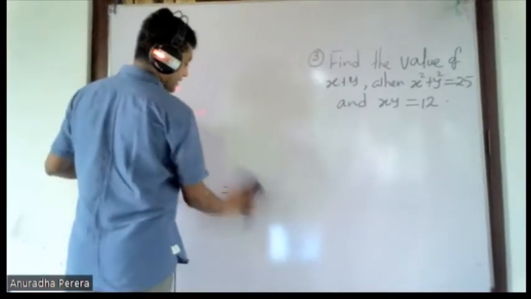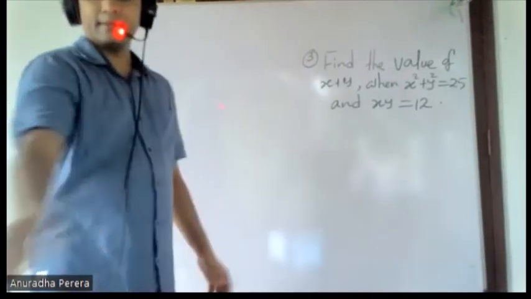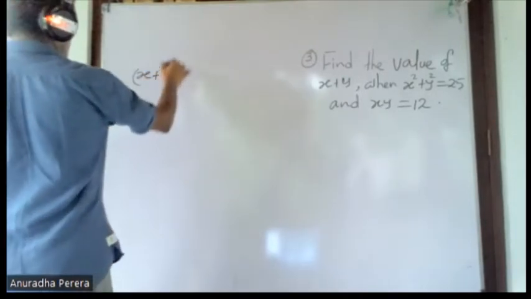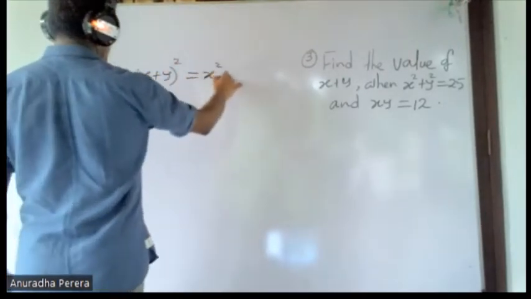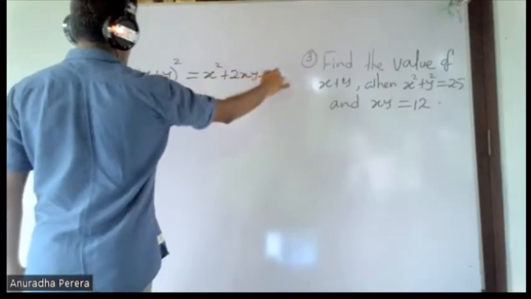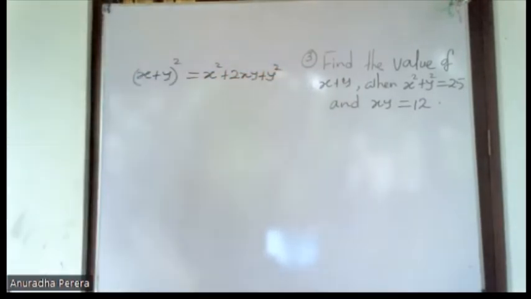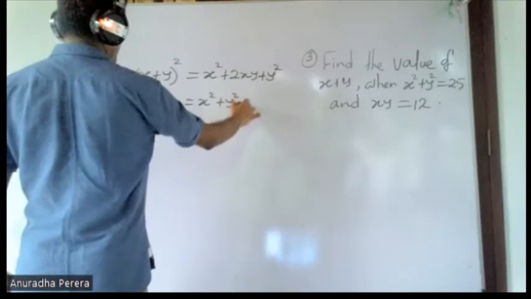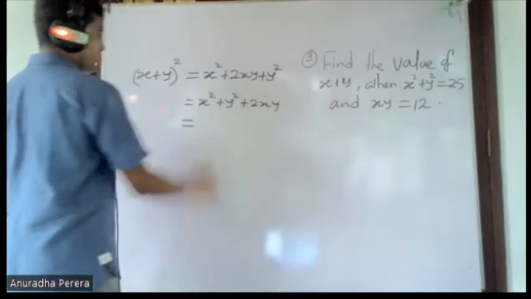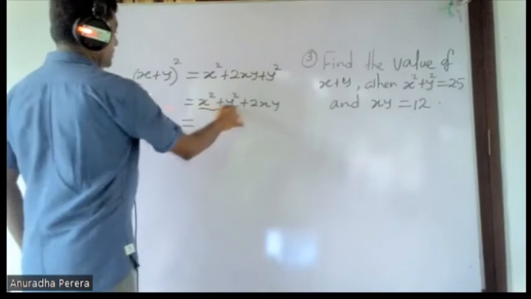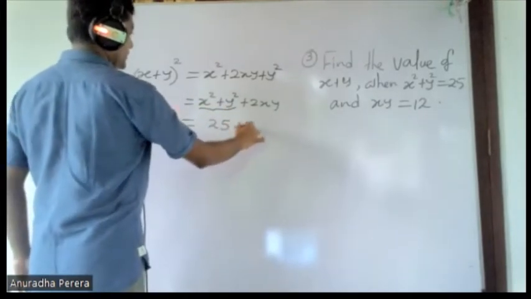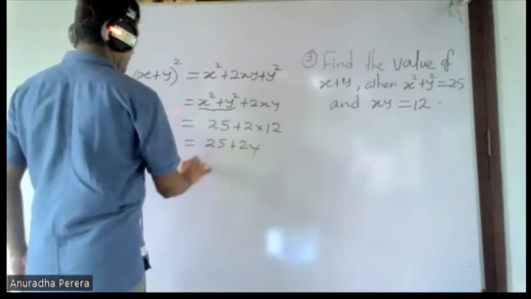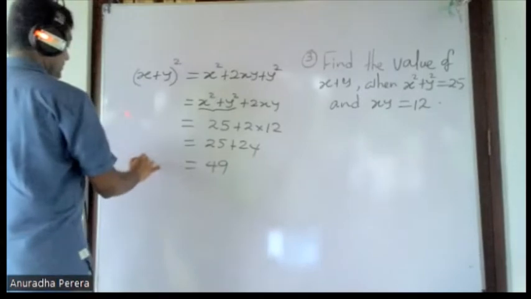I will give the others time too, try on your own. I think the best place to start is this: (x plus y) squared equals x squared plus 2xy plus y squared. Then x squared plus y squared is 25, so for these two you can write 25. Then 2 times 12. 25 plus 24, 49. (x plus y) squared is 49.